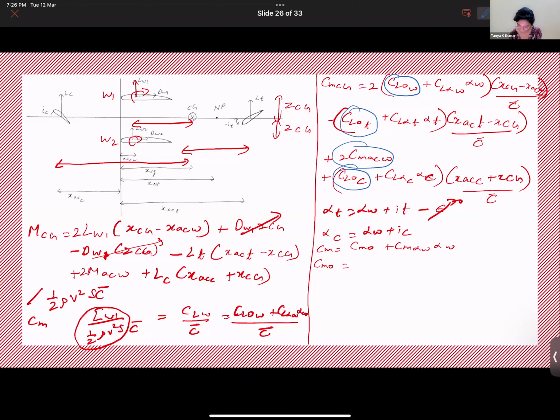So let's just write it down. CL naught of the tail and CL naught of canard are 0 because they are symmetric airfoils, right? So you have 2 CL naught of the wing into XCG minus XAC wing by C bar. Then you don't have CL naught of tail, you don't have CL naught of canard, you have a plus 2 CMAC wing. Is that all? Am I missing something?